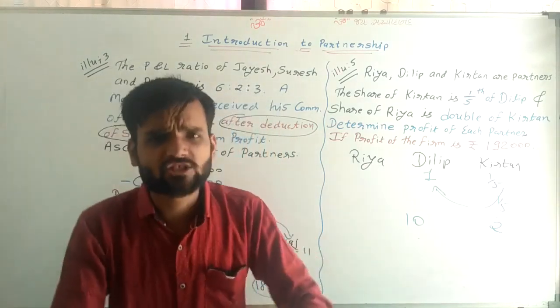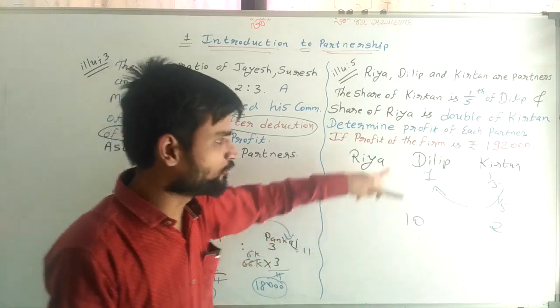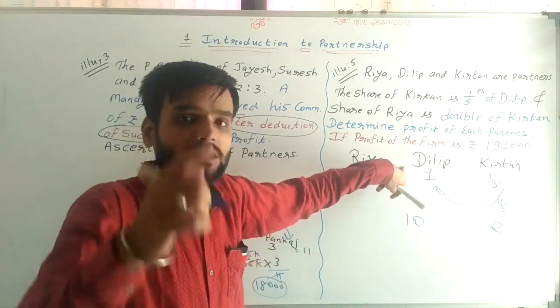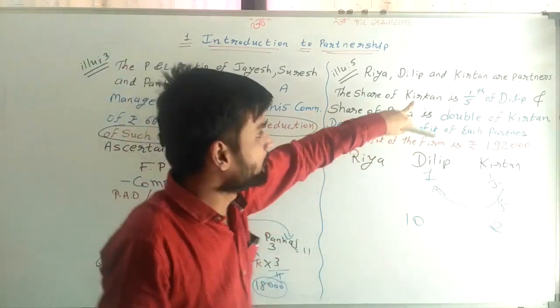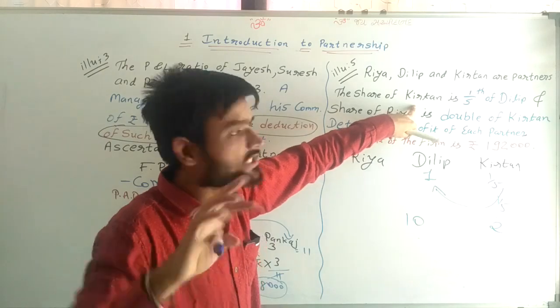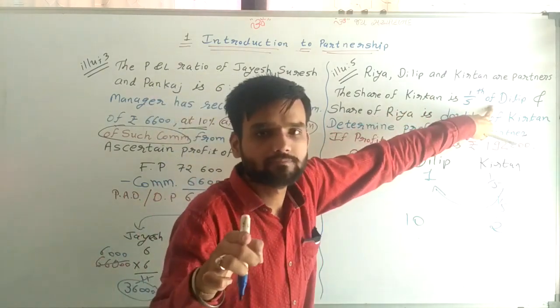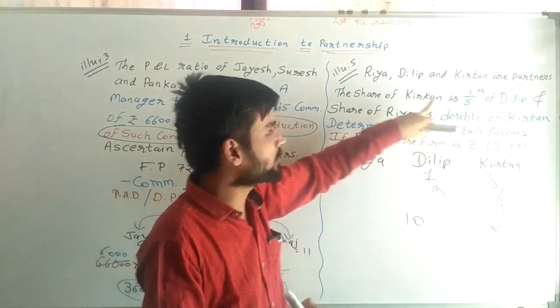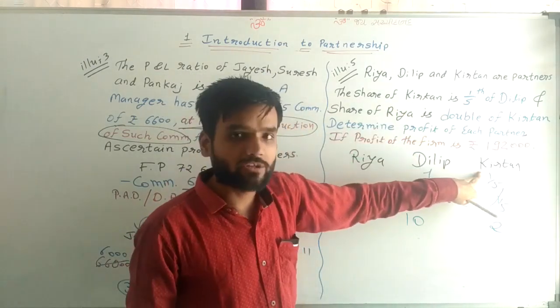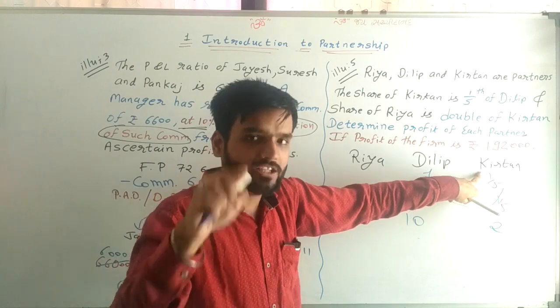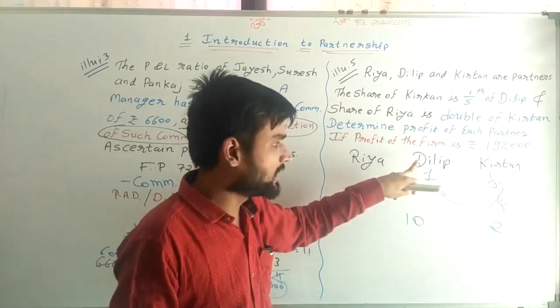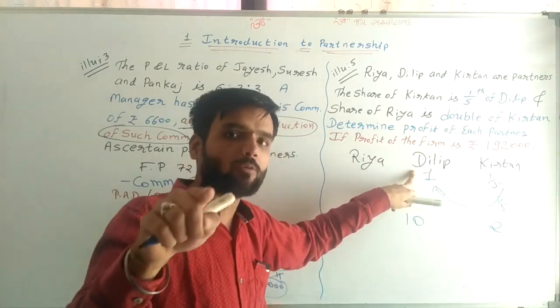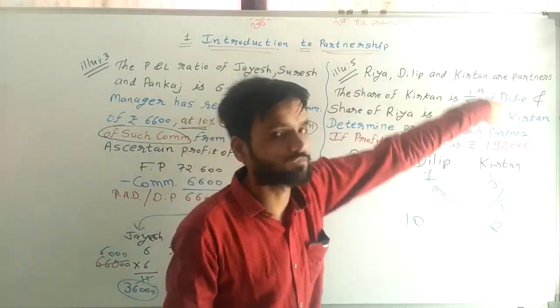So you can assume any value for Dilip, because Kirtan's profit is based on what? Dilip. Kirtan's profit is based on Dilip, and that's why, to find Kirtan's profit, multiply Dilip's profit with 1/5, because it is 1/5 of Dilip.